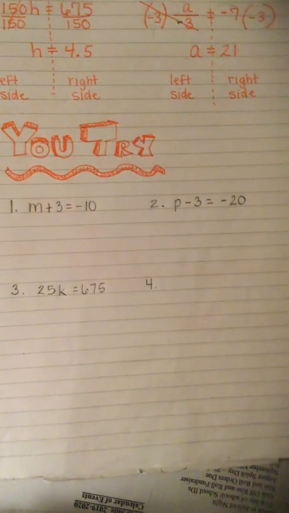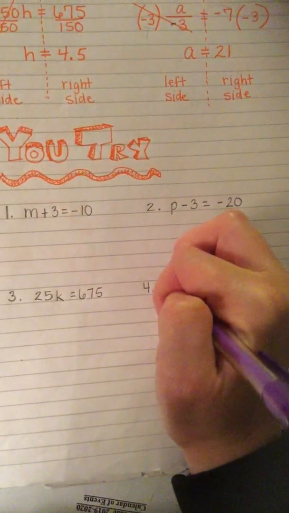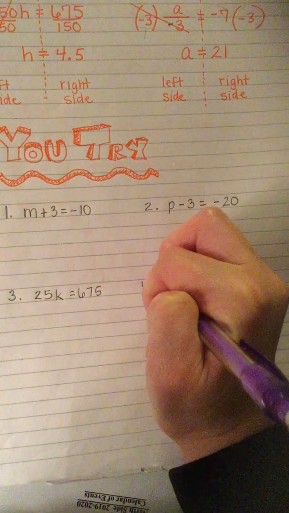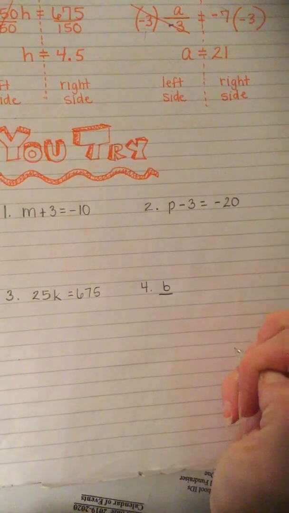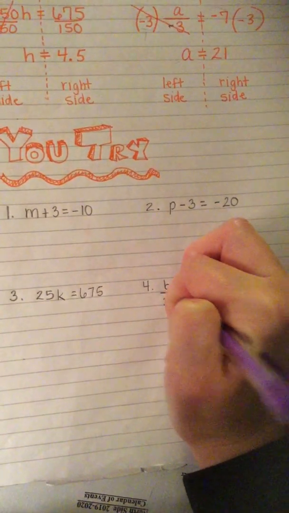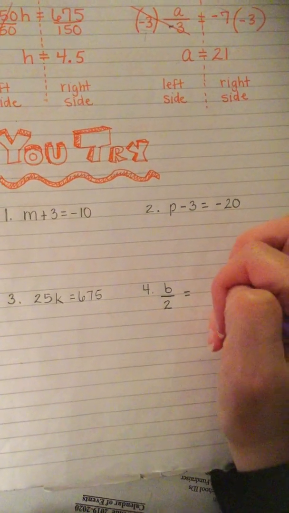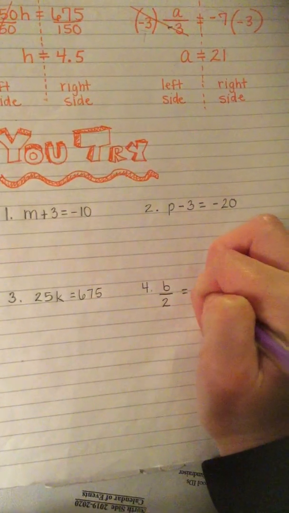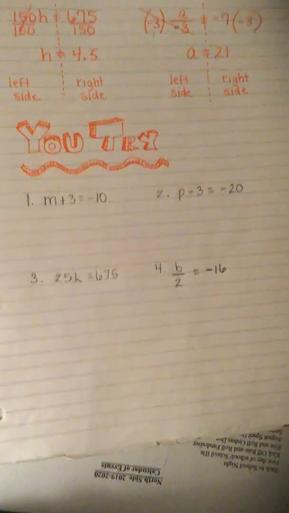And the last one I want you to do is b divided by 2 equals -16. Okay, so you're going to show your work.